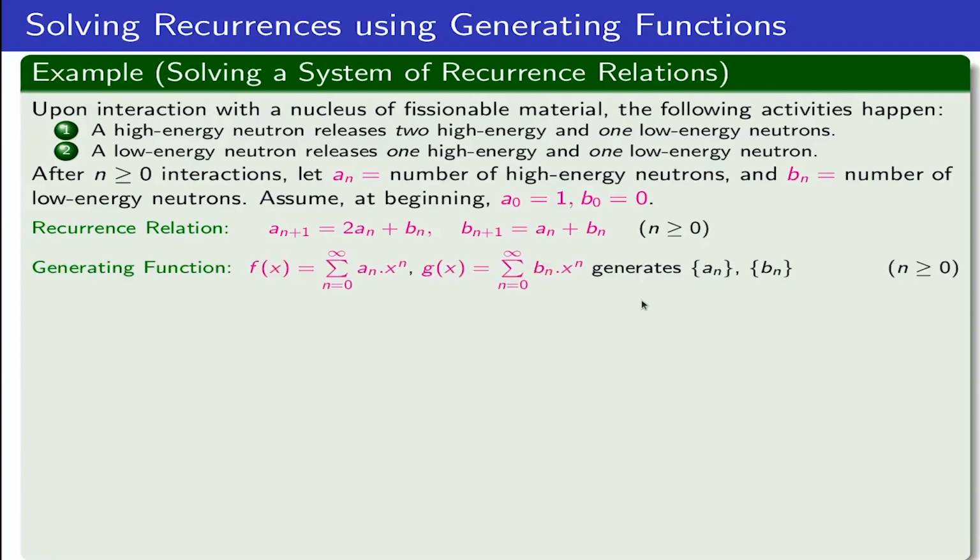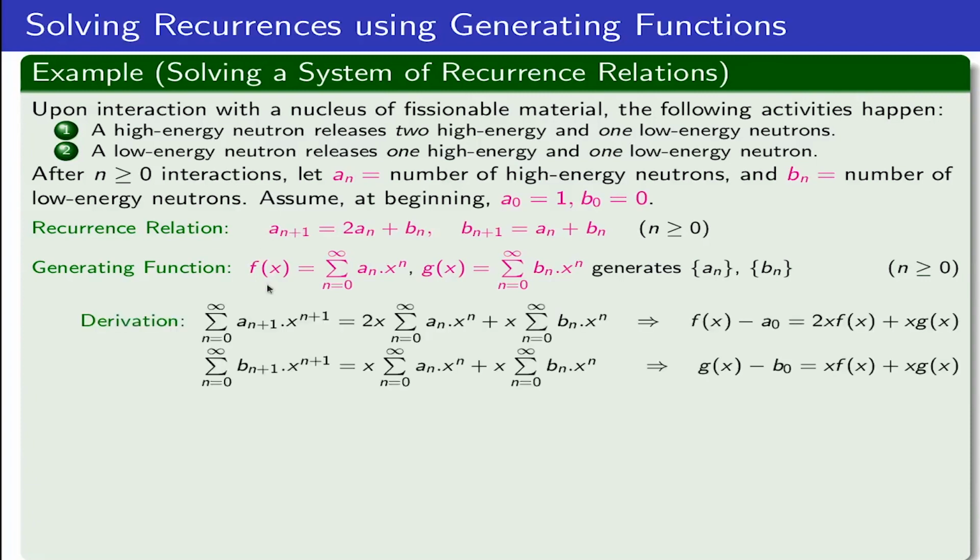We take help of the generating function. We need to generate An and Bn, so we will generate a sequence where the x to the power n term gives the answer for both. Let f(x) be a generating function for An and g(x) be a generating function for Bn. What we usually do looks horrible, but it is simple jugglery where I have just multiplied everything by x to the power n plus 1.